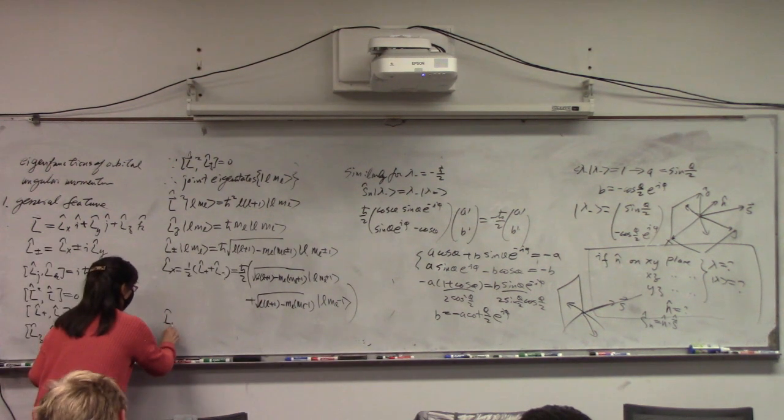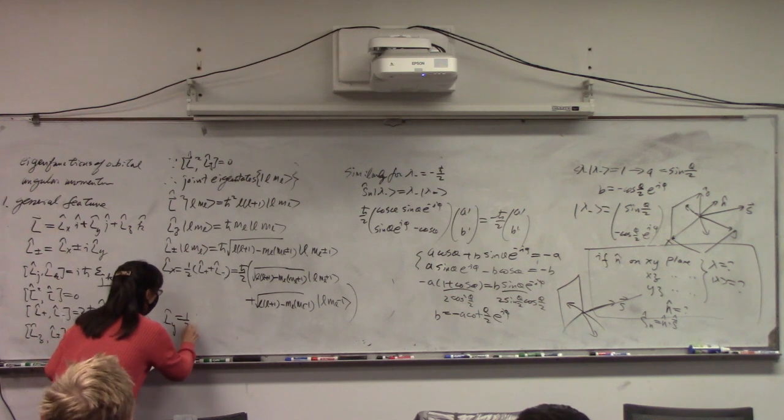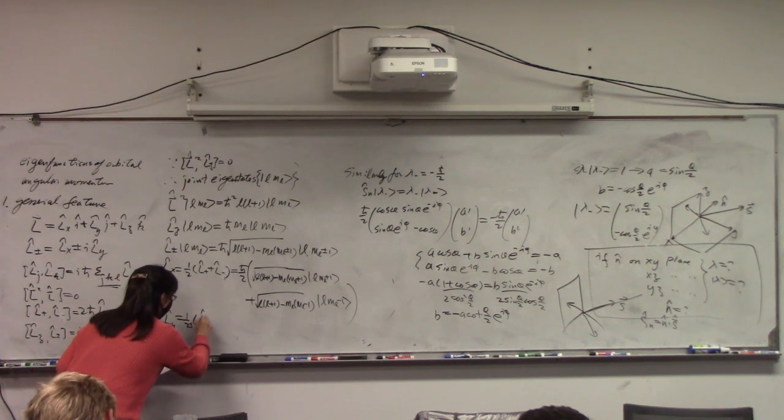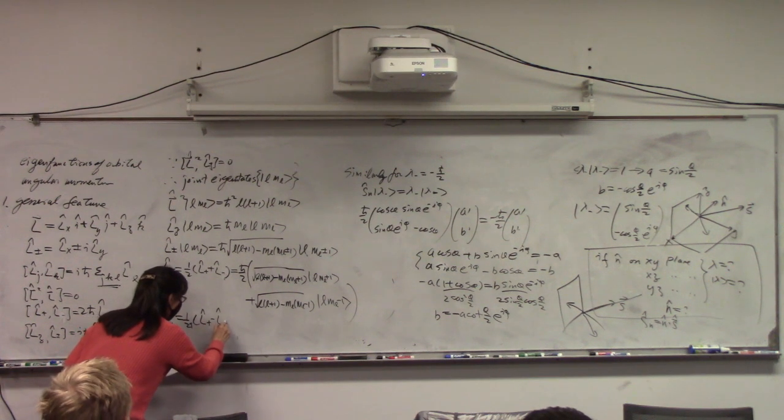Ly is half of i over h bar, L plus minus L minus.